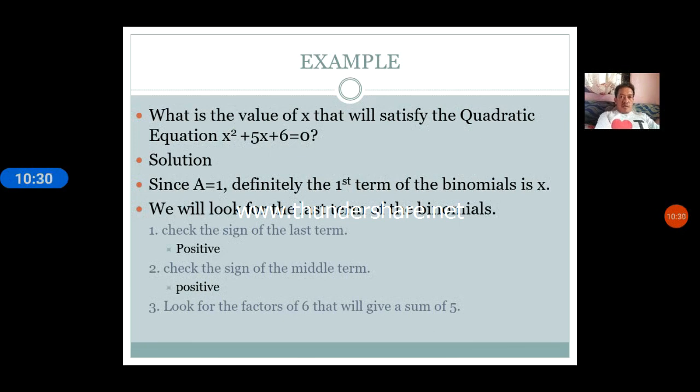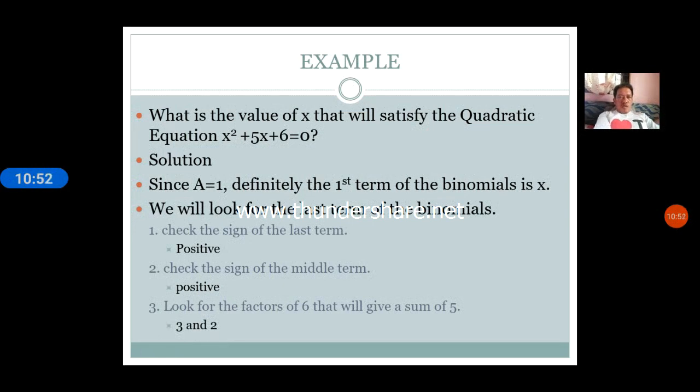For the factors of 6, we only have two pairs: 6 times 1 and 2 times 3. If you use 6 and 1, you will have a sum of 7. But if you use 2 and 3, you will have a sum of 5.